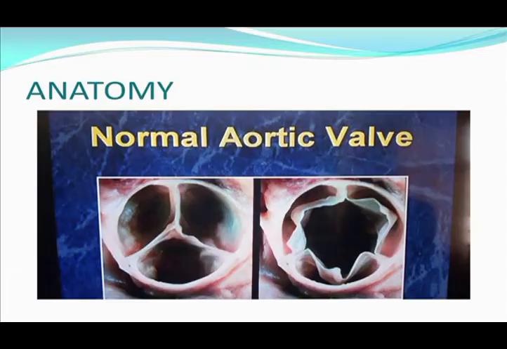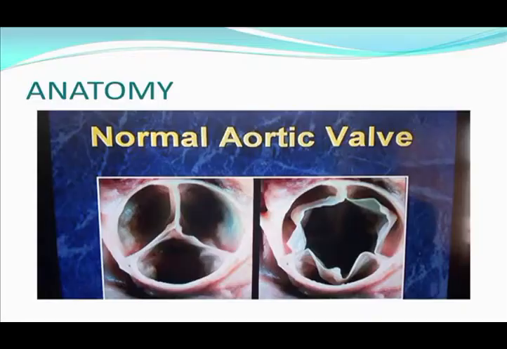It's got one leaflet here, another one there, then the third one. So it gives you a Mercedes-Benz sign. If you look at the model of a Benz, it always gives you this sign. That's how we identify this valve.